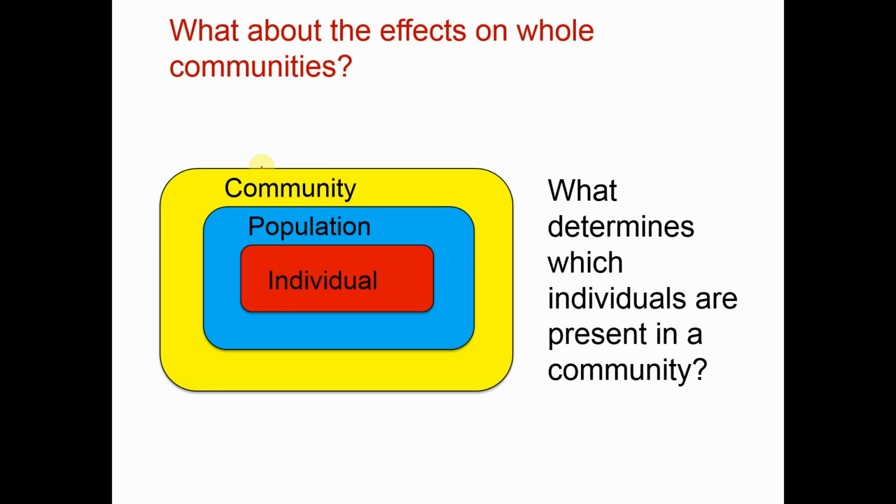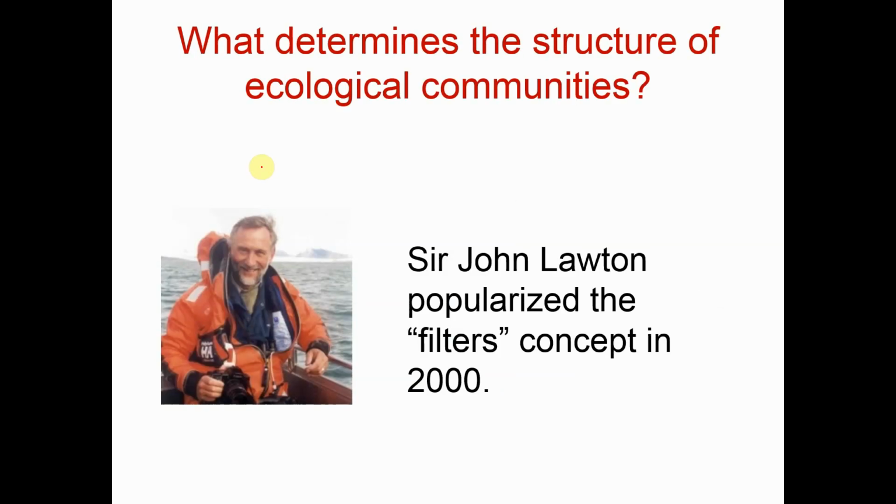And first, we have to ask ourselves, what determines which individuals are present in a community? Sir John Lawton, who was a British professor, popularised the filters concept that determines who's present in the community in 2000. We actually visited this a while ago.